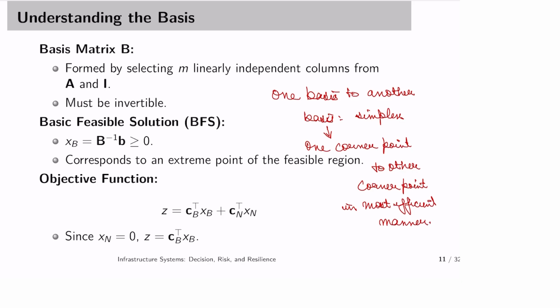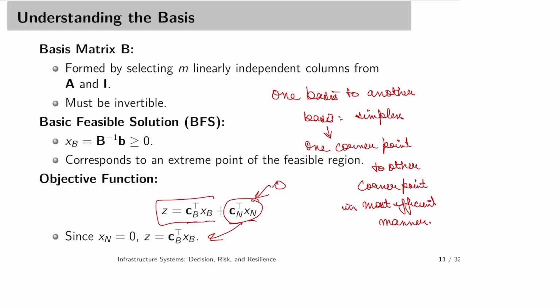And our objective function z would always be the sum of the coefficients of basic variables multiplied by the basic variables plus the coefficients of non-basic variables multiplied by the non-basic variables, and this term would always be equal to 0 because by definition non-basic variables are 0 themselves.